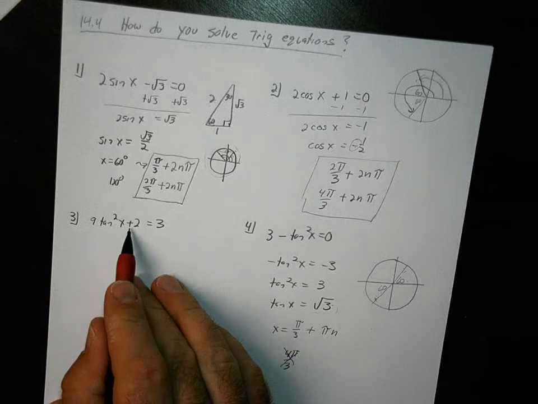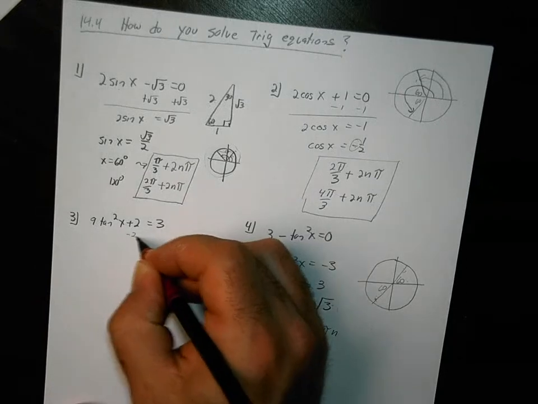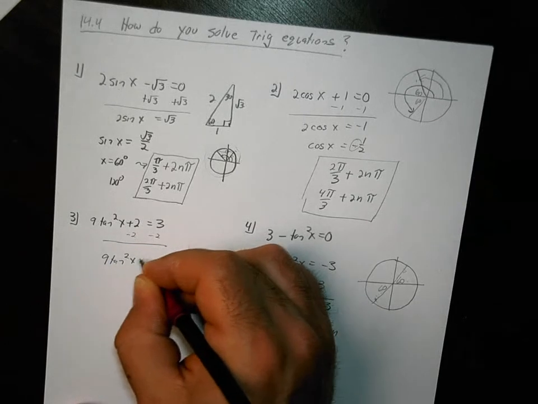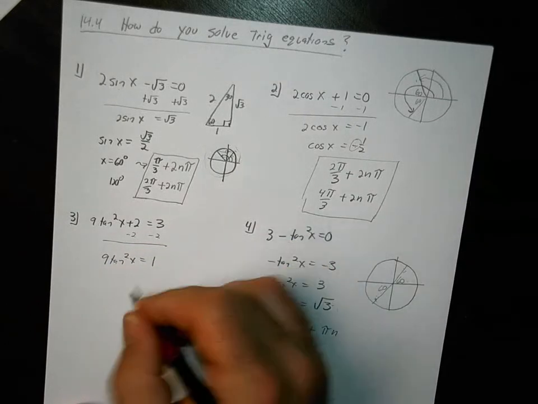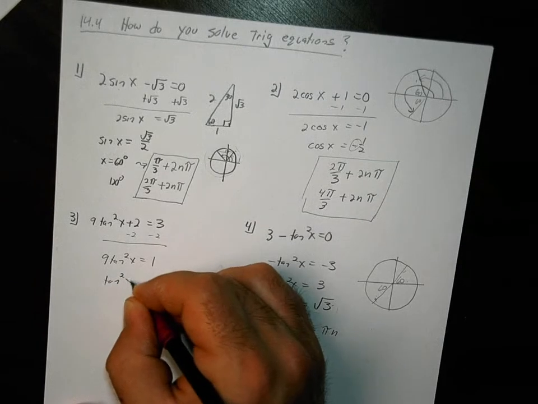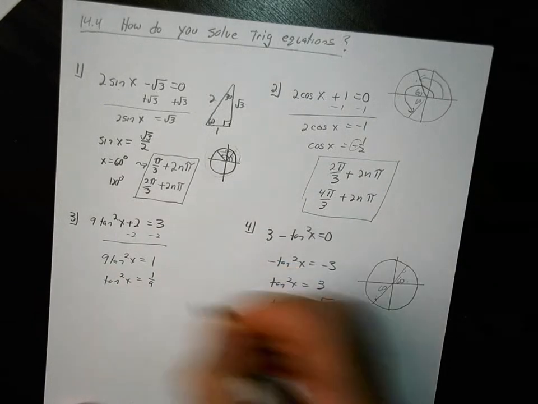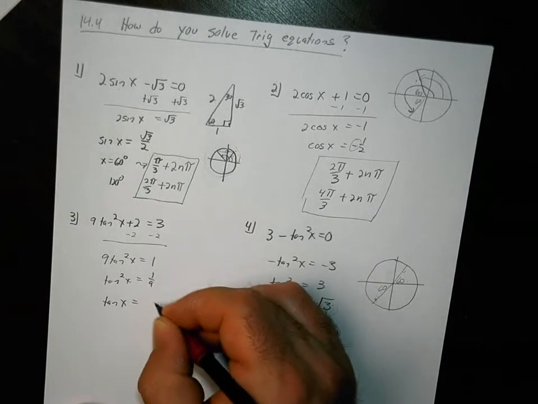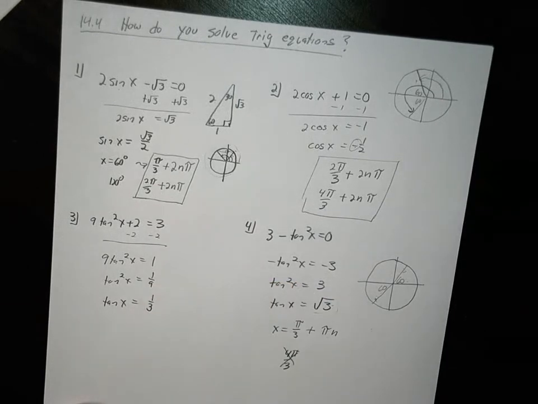Okay. Same thing for this one. I subtract 2 on each side. Square root both sides. Square root of 1/9 is 1/3. Okay.